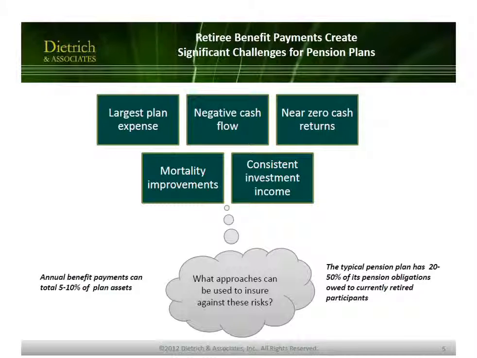So this gets at the issue of cash flow mismatch that we see. It's not uncommon to see 5 to 10% of the plan assets going out the door every year to pay benefit payments. When we look at those same plans and ask how much income is being generated by the investment portfolio, it's typically half.